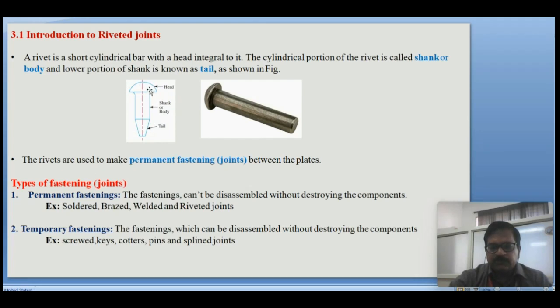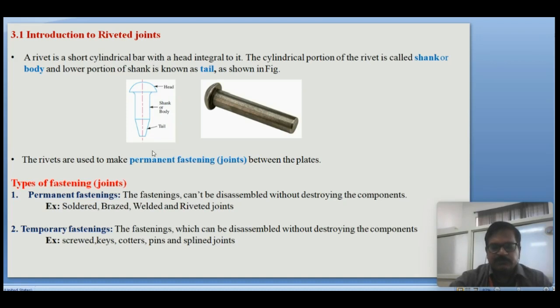After destroying the rivet head on one side, you can remove the rivet from the two plates, and then the two plates can be separated. So permanent joint means in order to separate the two things which are joined, some amount of destruction should be done. That is called the permanent fastening or permanent joint.